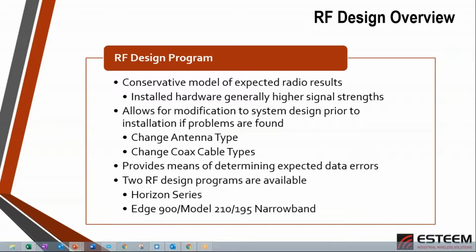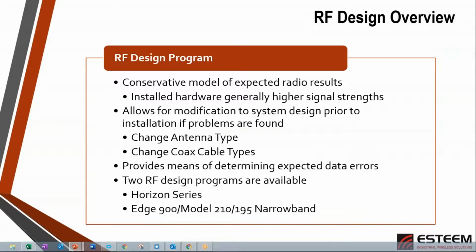Each one of those will actually have a different data rate based upon a given distance. So this program models that and will tell you, based upon the hardware that we select and the distance within that application, what we can expect as far as the data rate, without having to calculate each one of those one by one.